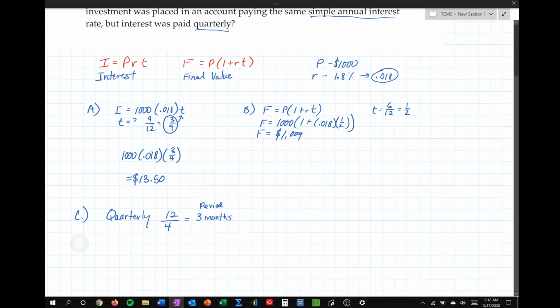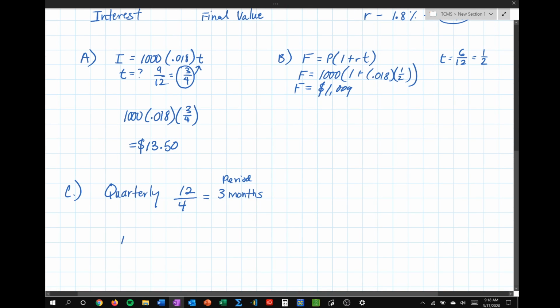Since we're looking for interest, we still start with the $1,000 principal. Now the rate that we're given is an annual rate. If I were to go back up here, this is the annual rate, not the quarterly rate, right? It's for the entire year.